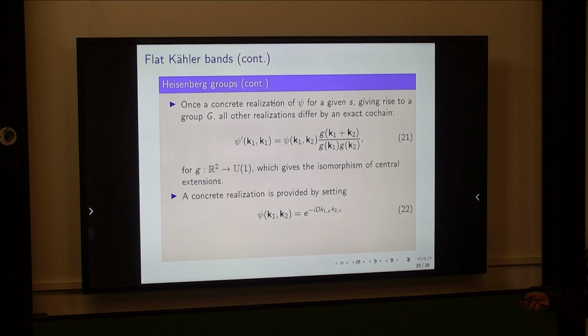A concrete realization is given. I chose one which I'm more comfortable with. Everyone chooses a different gauge. I chose this one. You choose your favorite one. And once you have that, we can observe that if D is equal to 0, this essentially says that the group G is a direct product of groups. So D different from 0 is measuring the twist.